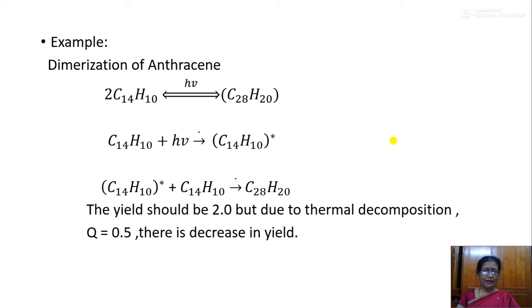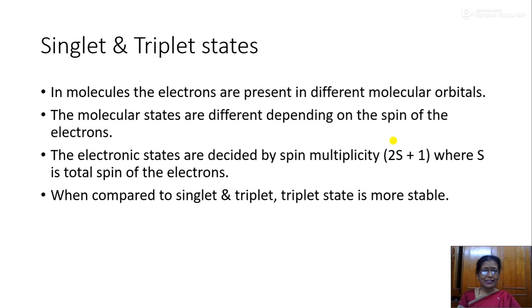How it takes place exactly: anthracene absorbs a photon, thereby undergoing activation. This activated anthracene again reacts with normal anthracene, thereby forming dianthracene. The yield should be 2, but due to thermal decomposition, the yield is 0.5. Therefore, there is a decrease in the yield.